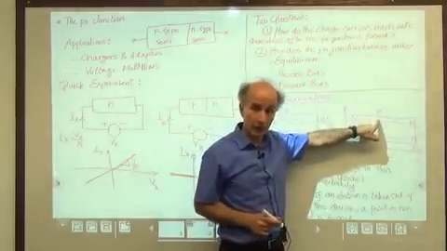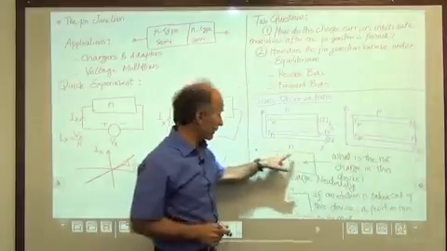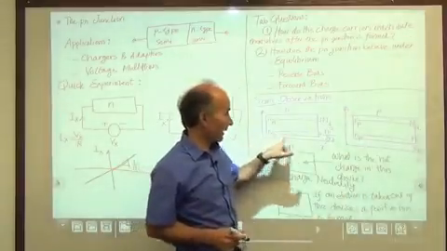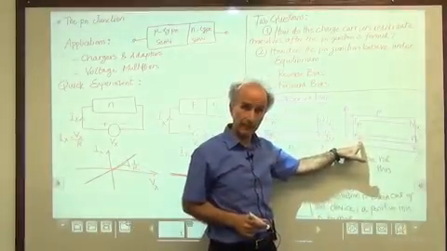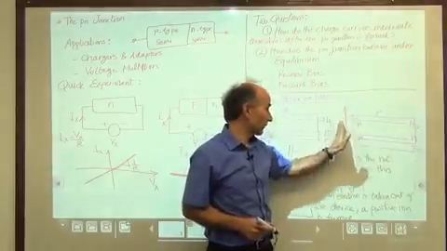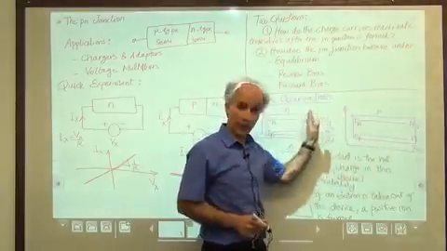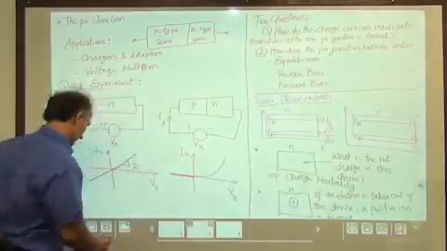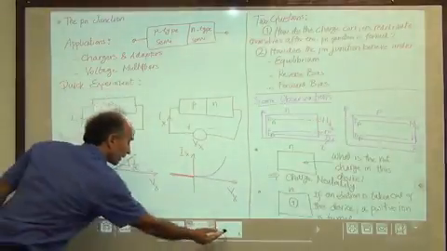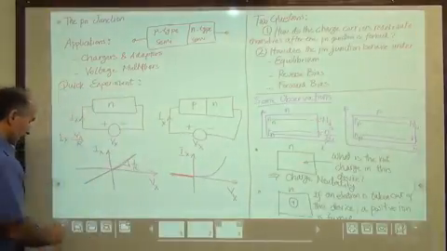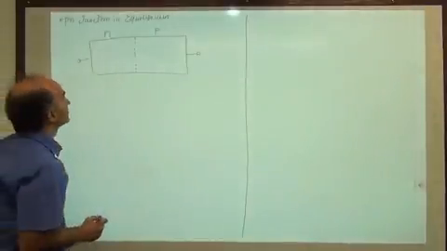These are the majority carriers. And then we have the minority carriers on this side, P sub N and N sub P. So we're going to form an interface between the P and the N and see what happens. So let's go back here and see what we get.